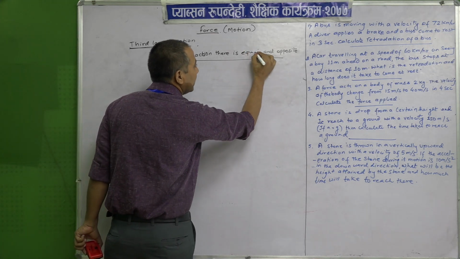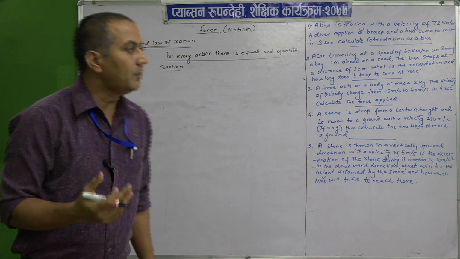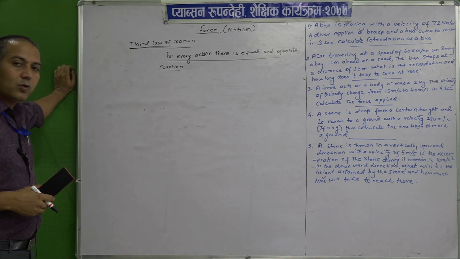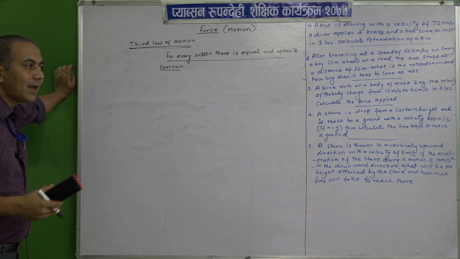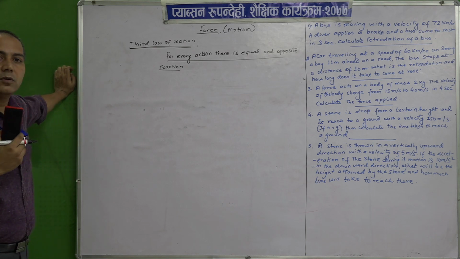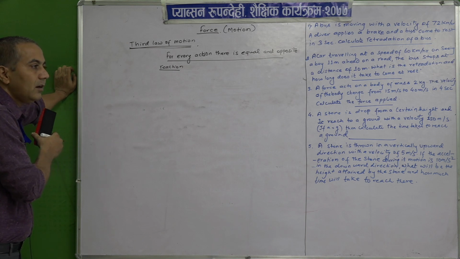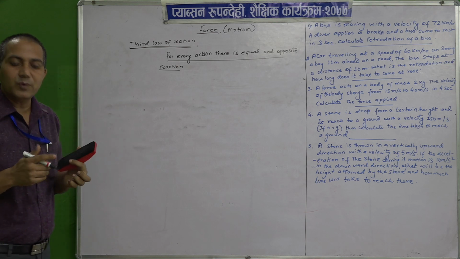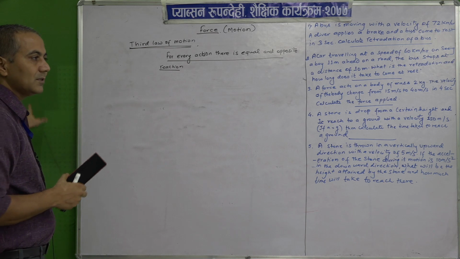What does it mean? It means that when we force our hand onto the wall, at that time the wall will also force our hand equally. If the unbalanced force is there, then the wall will collapse.